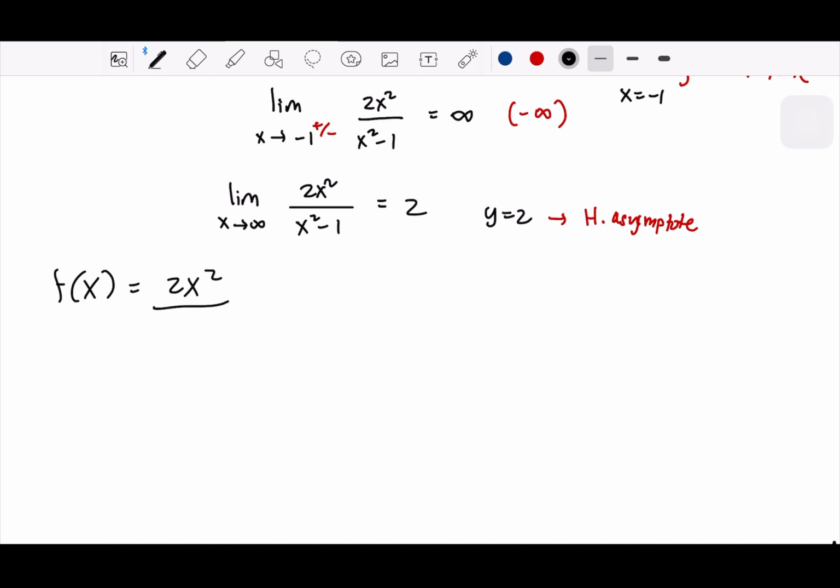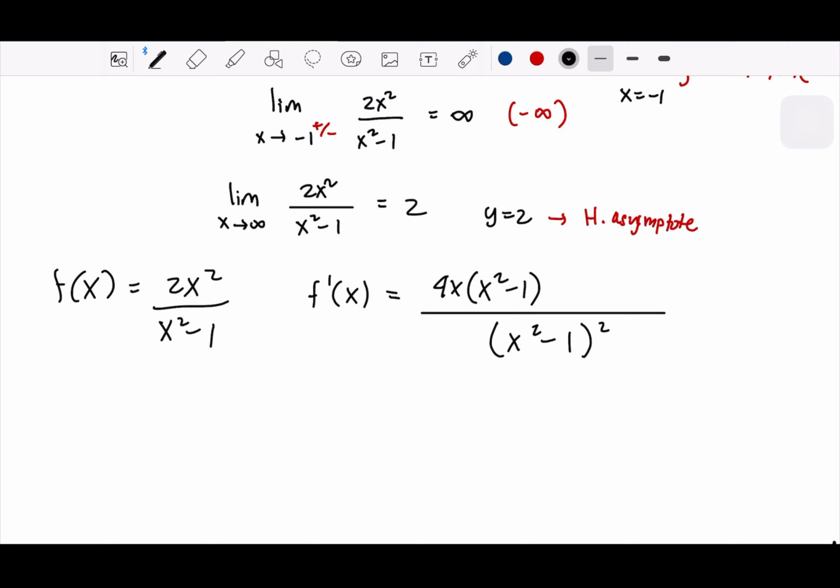Then we take the first derivative, using the quotient rule. So 4x times x squared minus 1, minus 2x, and then 2x squared.